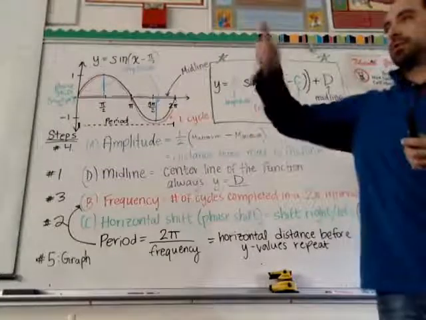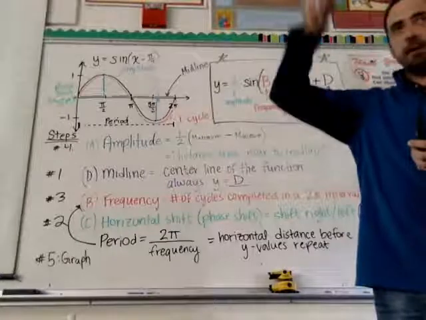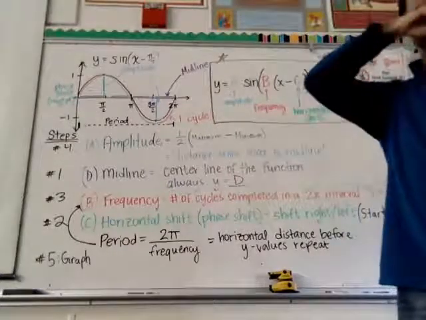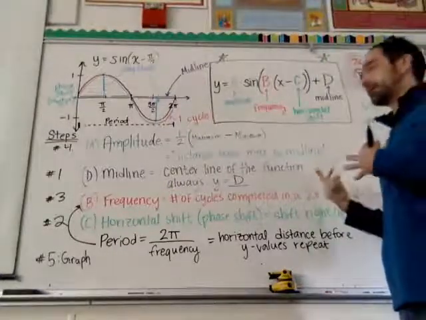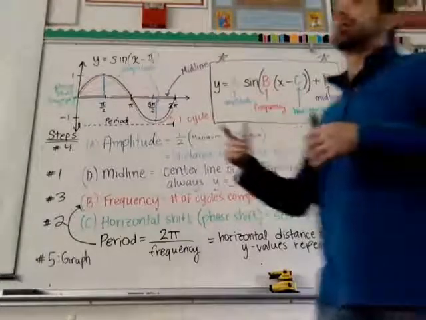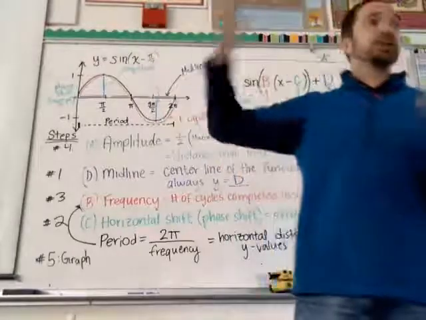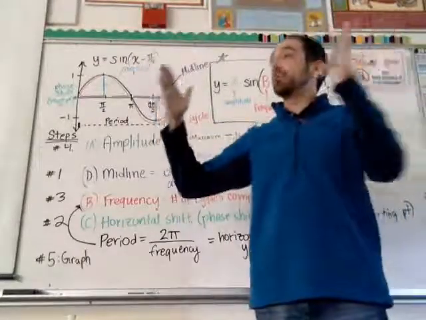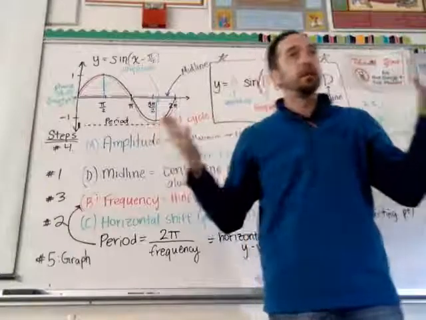So how many times do you see the same curve and the same repeat going on? I want you to think about this. If my frequency is 100 waves between 0 and 2 pi, are those really big waves or really compact small waves? Can you visualize that?